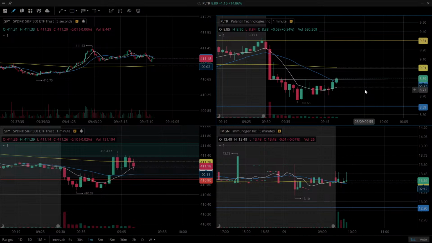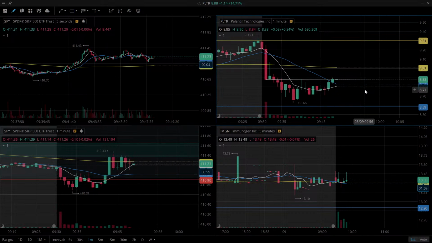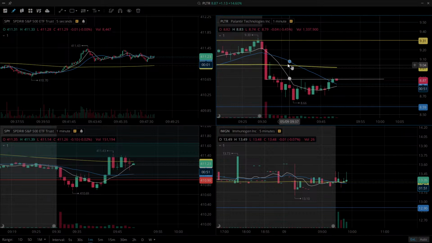I like it. And it's like you say, that's one of the AI candidates to really benefit from it. Yeah. All right, so we got a nice clean rounding bottom here.